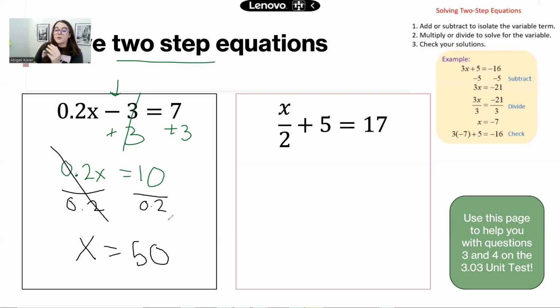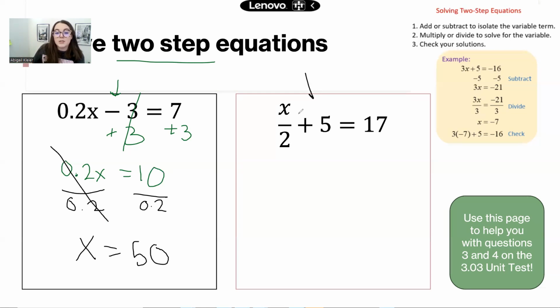So again, solving those two-step equations, I am taking whatever addition or subtraction there is first, and I'm getting rid of those, and then I'm worrying about my multiplication or division, and then finally my x is isolated. Going on to the second example, same steps, same process. Goal is isolating the variable. That goal has not changed in this entire unit.